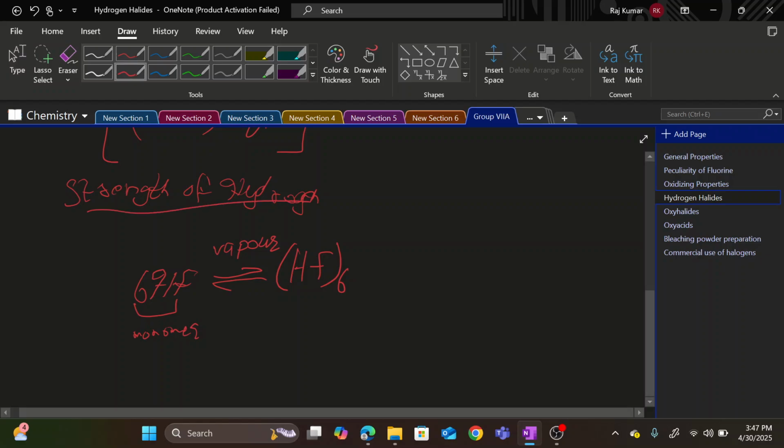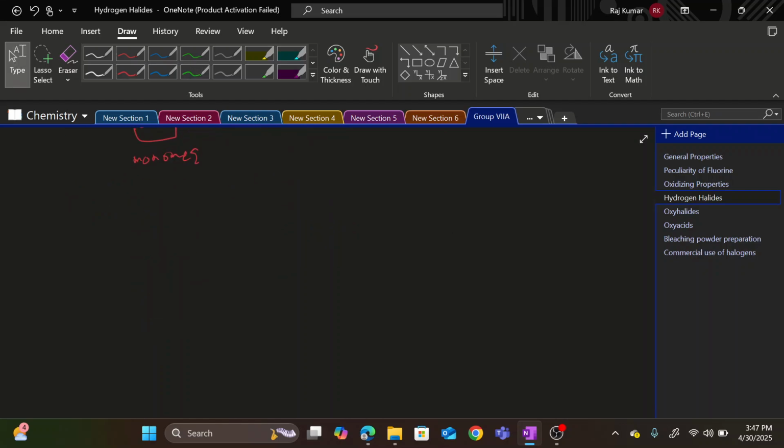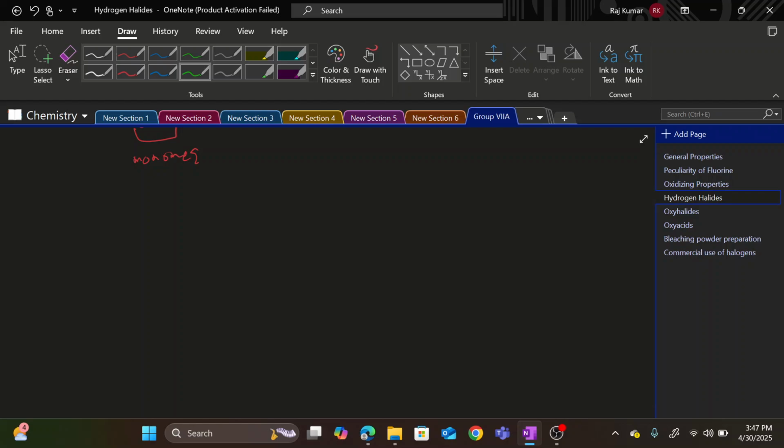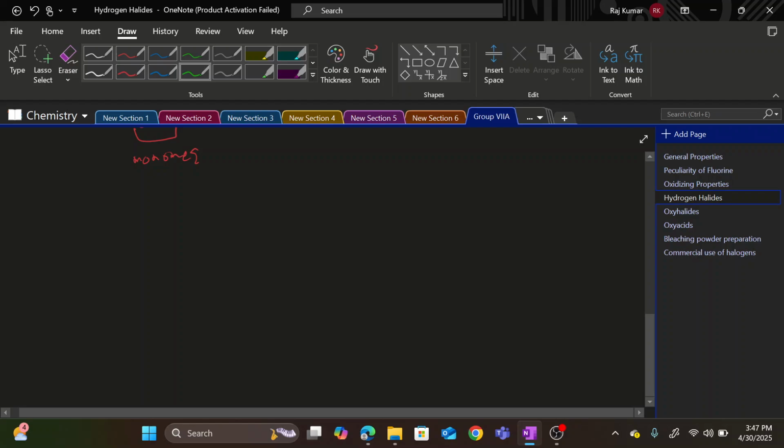And when it comes to the strength of hydrogen halides, when we compare all of their strengths, we need to understand the basic concept, which is that fluorine is highly electronegative, due to which it will attract the electrons of the proton more towards it, due to which it is less likely to give its electron pair, and it will make a strong bond.